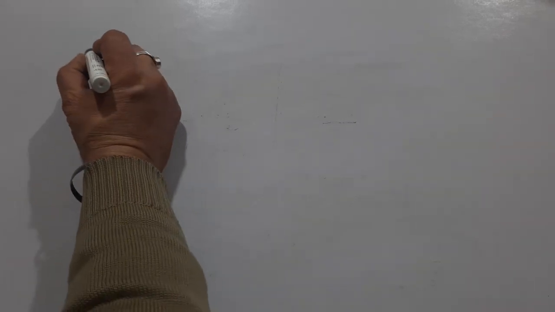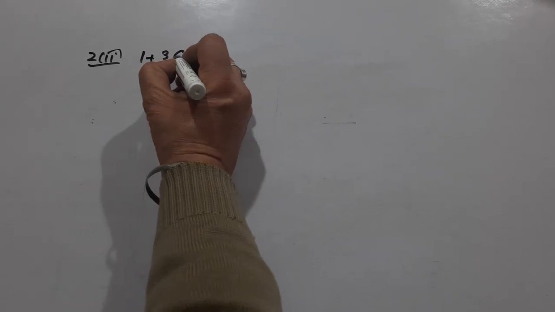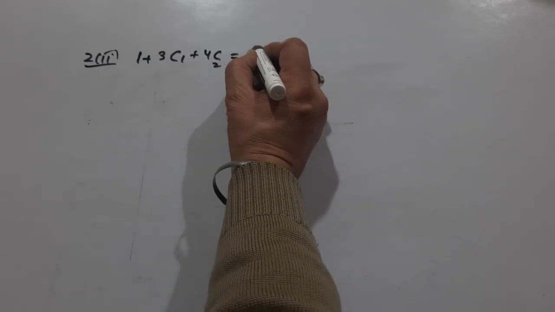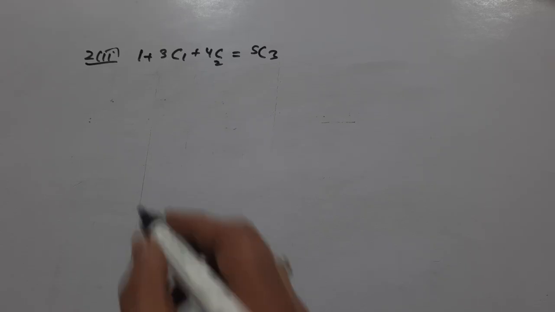Now remember second question, second part: 1 plus 3C1 plus 4C2 is equal to 5C3. We have to prove that.